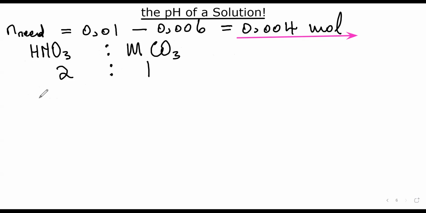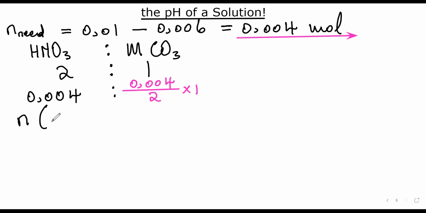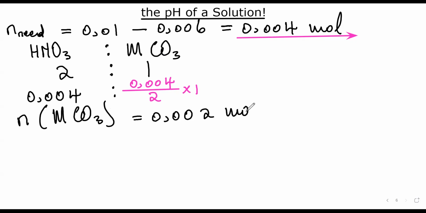So, well, here we can see that we have 0.004 moles of the acid. So then how many moles of this metal carbonate? Well, half the number. So you simply take this one, you divide it by 2, and you times it by this one. Then we can see that the number of moles of our metal carbonate will simply be 0.002 moles.